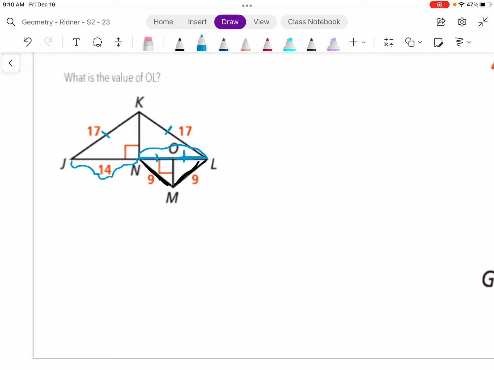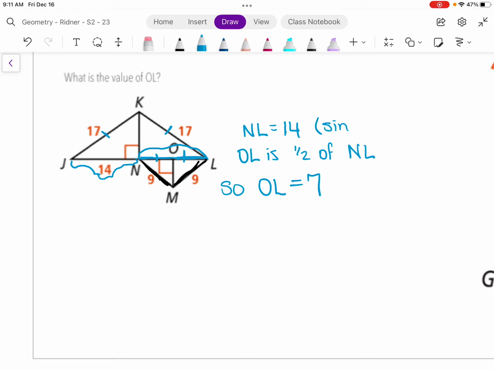So if this is 14, this is 14. So NL is 14. OL is half of NL. So OL must equal 7. And to give you a little extra note there, this is because JN is 14 and they must be equal.